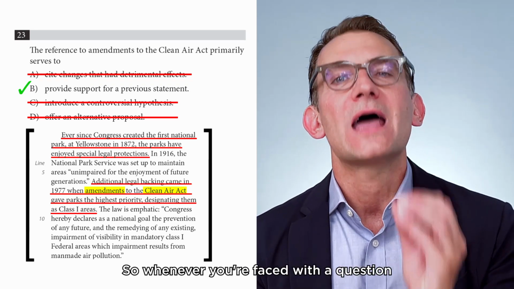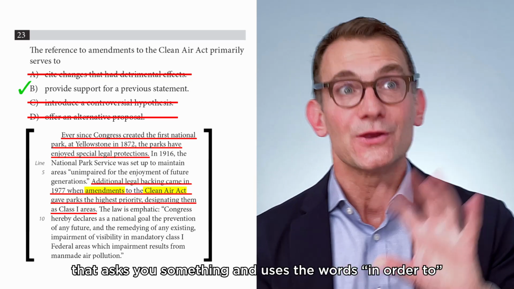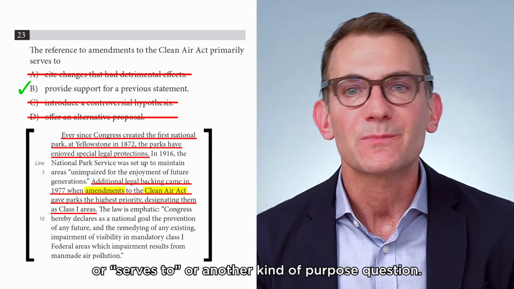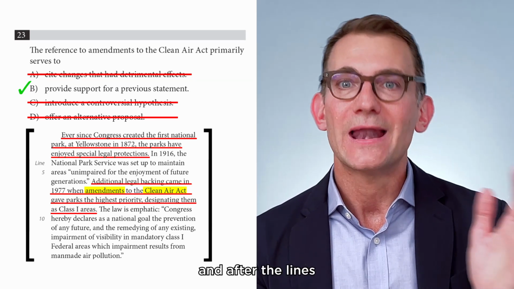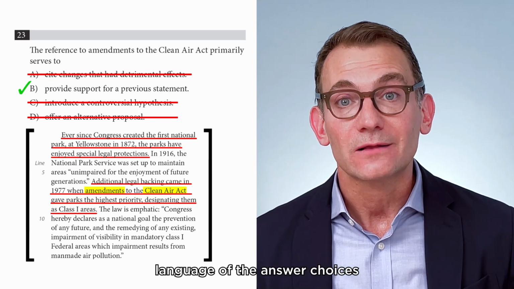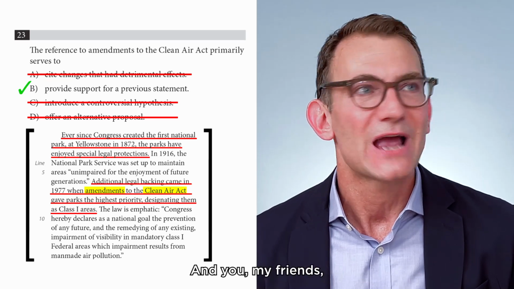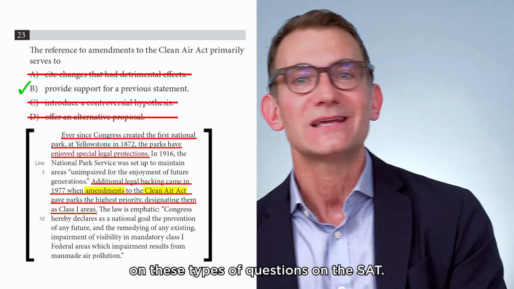So, whenever you're faced with a question that asks you something and uses the words in order to, or serves to, or another kind of purpose question, remember to read a few lines before and after the lines of the topic mentioned in the question. Match abstract language to the answer choices and back to the specifics in the passage. And you, my friends, are going to be golden on these types of questions on the SAT.